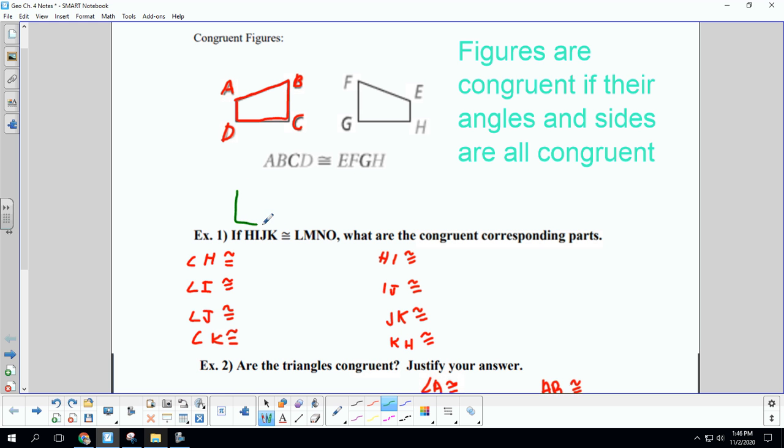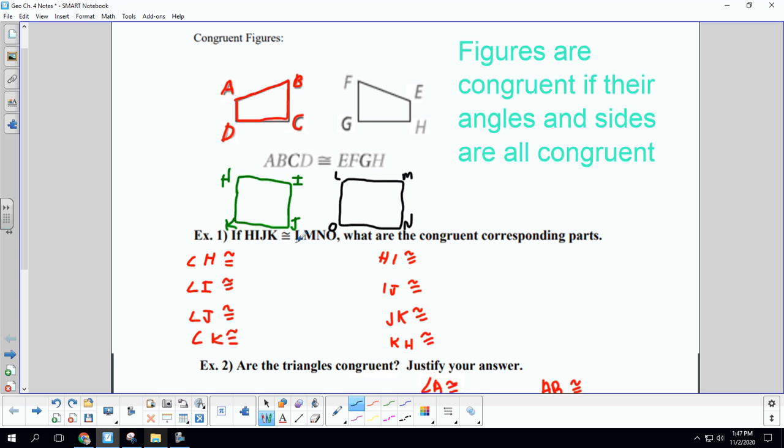H, I, J, and K. We just make a little rectangle, H, I, J, K. And we have its matching buddy L, M, N, O. And so we want to find for each angle from our first figure, H, I, J, and K, what is the matching angle from the second figure?